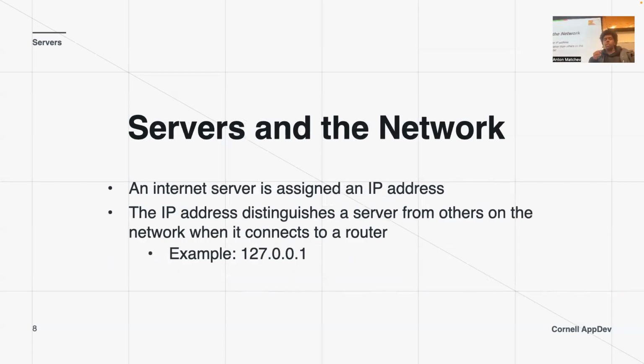The way a server works on the internet is that it's assigned a unique IP address. This IP address distinguishes it from other servers and allows a client to connect to it on the internet. And they connect to it with a router. An example IP address is here, 127.0.0.1. That's the localhost.